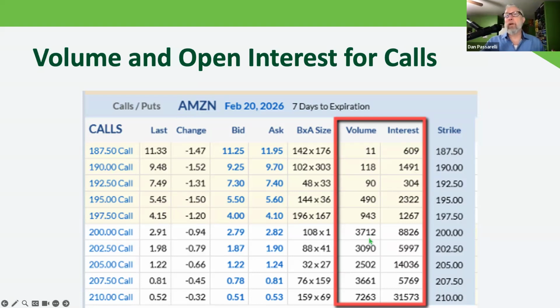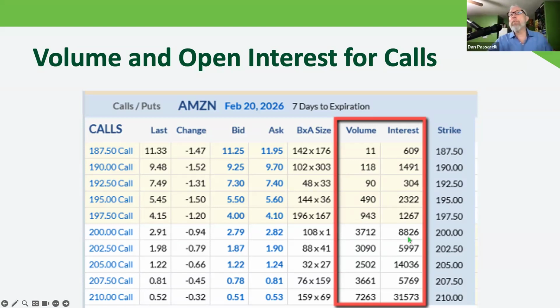Now, if this actually was today, if this was a live screen, if I didn't have a position in this and I buy these from another market maker, from anybody, let's say I buy 2 of these, this would go from 3,712 to 3,714. The volume would increase. And that would happen right after I make the trade.